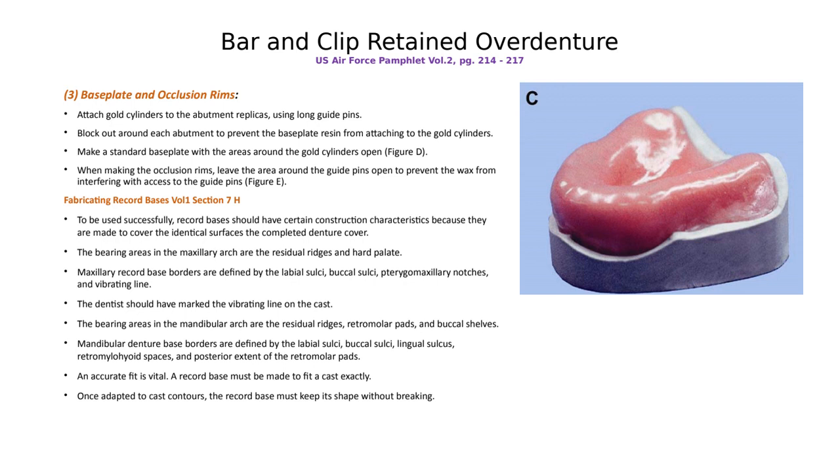So if you remember, for complete denture, we do the occlusal rim directly on the ridge, and we adapt the base plate to the ridge to be accurate.